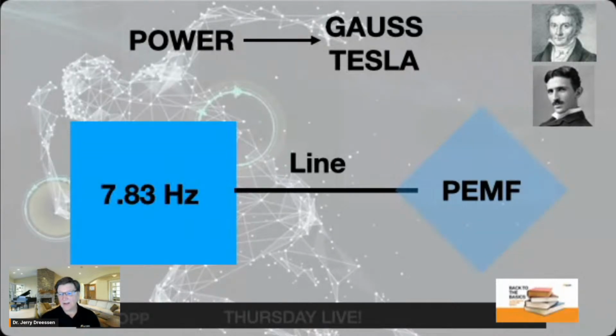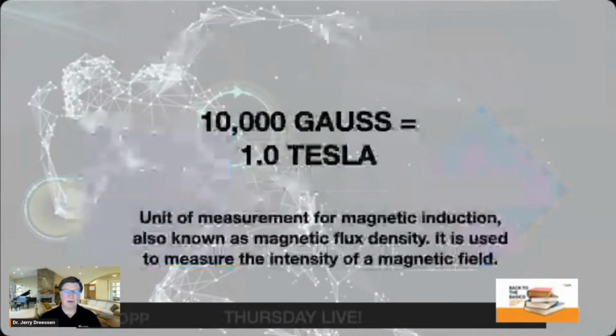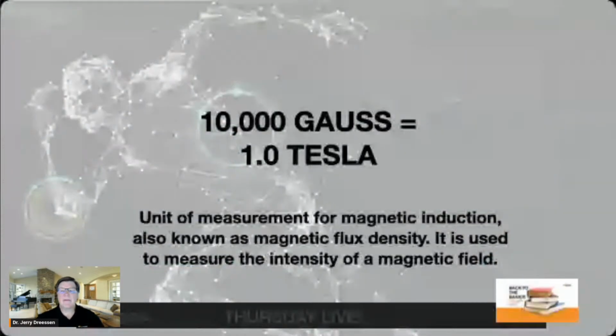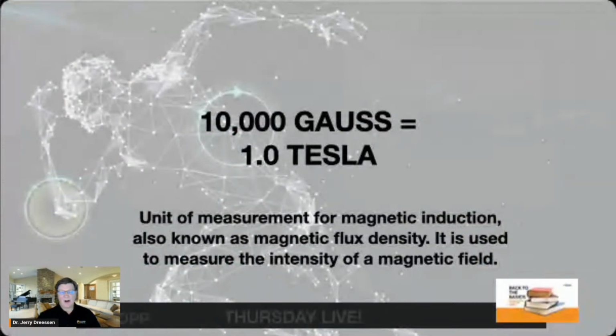If you were to take a look at what it means, basically 10,000 Gauss is 1 Tesla. That's a unit of measurement of magnetic induction, also known as magnetic flux density, and it is used to measure the intensity of a magnetic field.